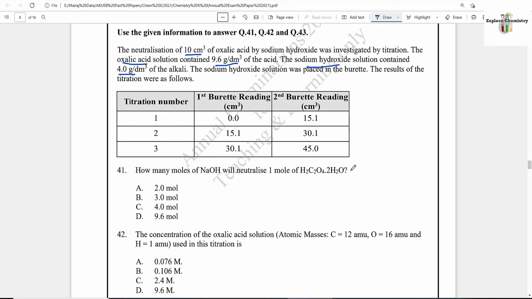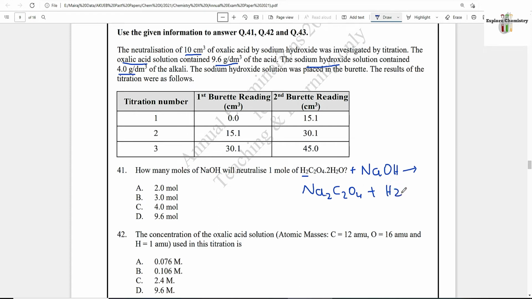H2C2O4 is the formula. When it will react with NaOH, it will give you salt and water. In this acid, these 2 hydrogen atoms will be replaced by 2 sodium atoms. Sodium oxalate will form with water.